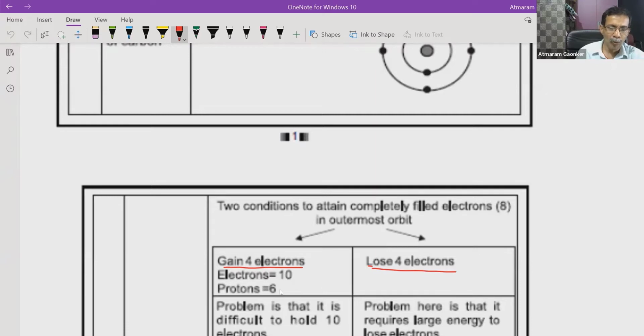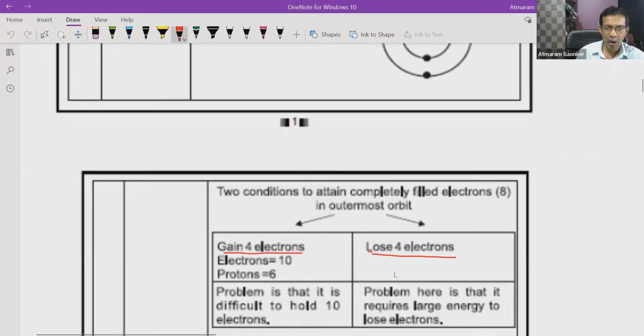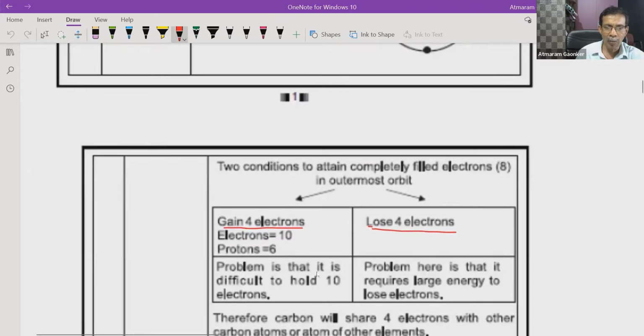So electrons become more, and it becomes very difficult for the nucleus to hold them. And it is very difficult to lose 4 electrons because it requires a large amount of energy. So the problem here is that it is difficult to hold 10 electrons, and the problem there is that it requires large energy to lose electrons.